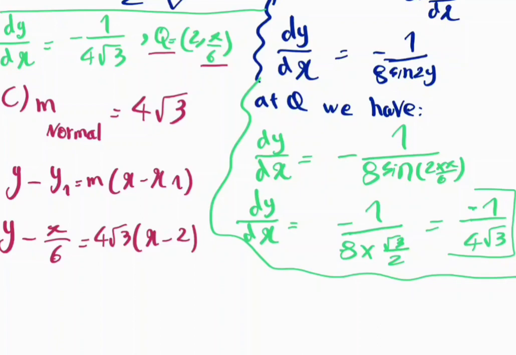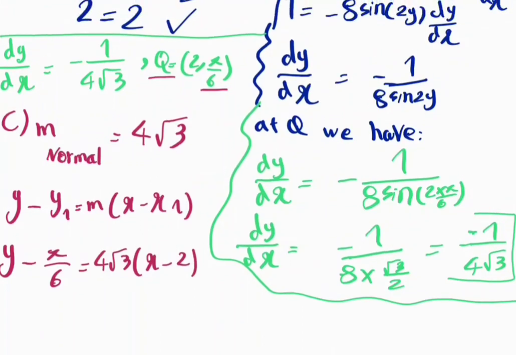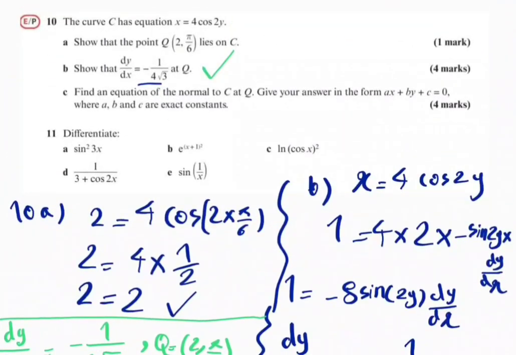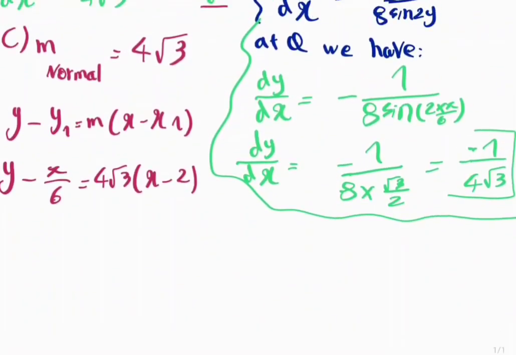We should be careful, because if we leave our answer in this form, in this specific question we will lose a mark, because the question is asking us to give the final answer in the standard form. Now we need to do some rearranging. We can keep pi by 6 here, and we will have 4 root 3 x minus 8 root 3.